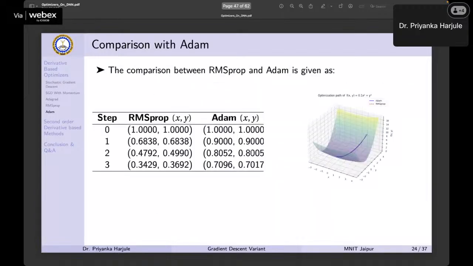Now, when we compare this with RMSprop, you can see that RMSprop is basically having high initial jumps. Initially it is jumping higher, and the updates in the y direction are different from those in the x direction, whereas Adam takes smoother and more consistent updates.